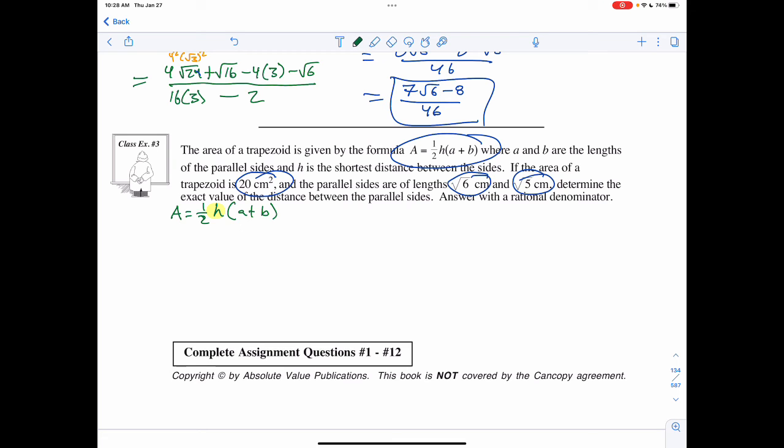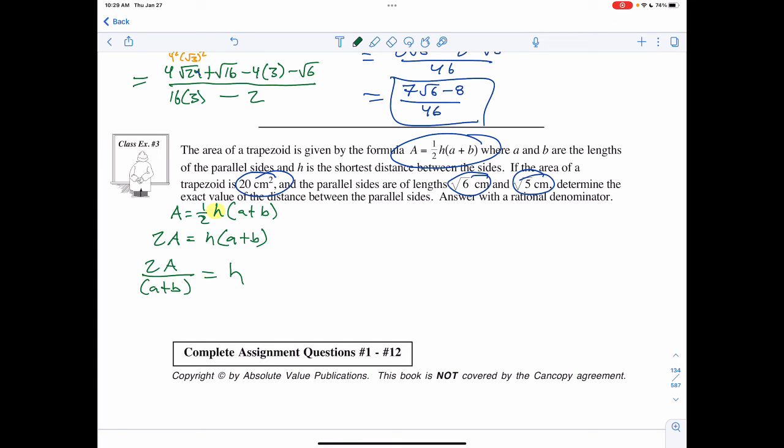So, I'm going to divide both sides by 1/2, which is the same as multiplying by 2, and say that 2a is equal to h times a plus b. If h is being multiplied by a plus b, then I need to divide both sides by a plus b to get h by itself.